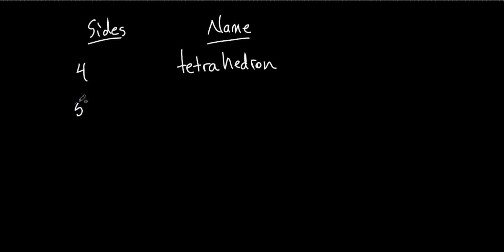All right, here's another one. What's a five-sided figure? It's not hexa, it's not a hexagon. It's a penta. And they're polyhedrons, so it ends in hedron.